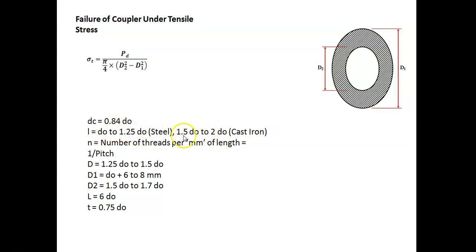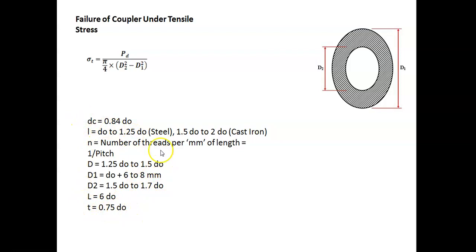Best way, take the mean value. Then capital L, that is the length of the nut or coupler, is equal to 6 into DO. This value is fixed, 6 times the nominal diameter. Then small t value is 0.75 times the nominal diameter.